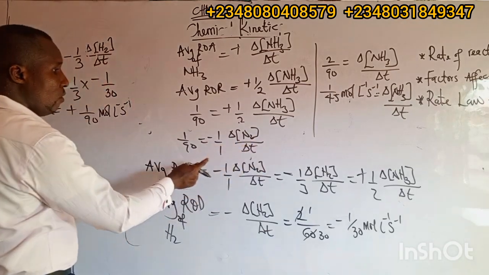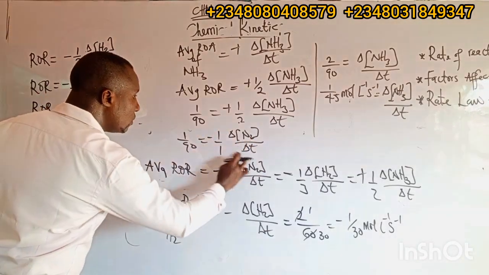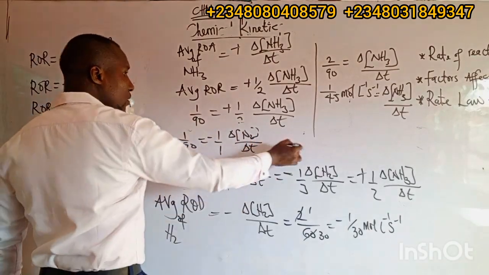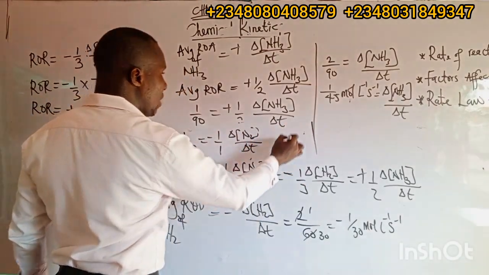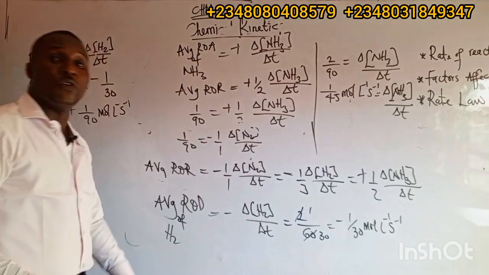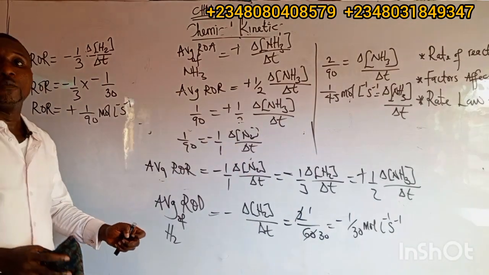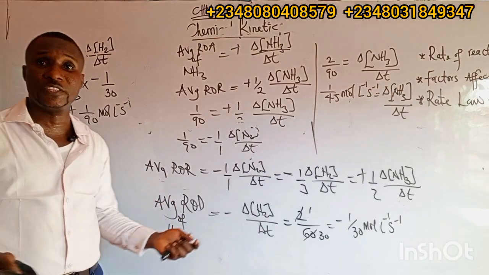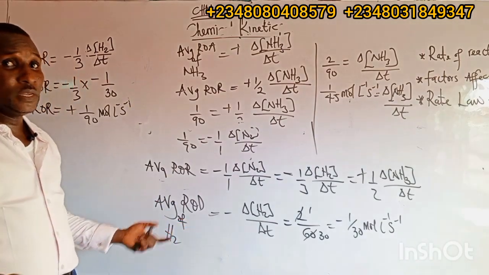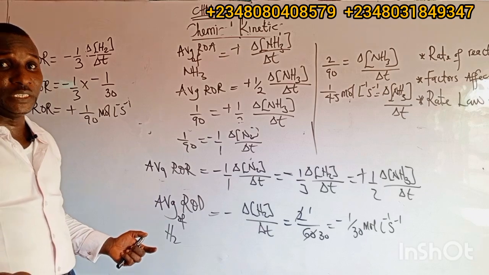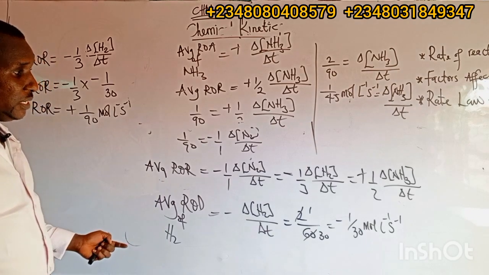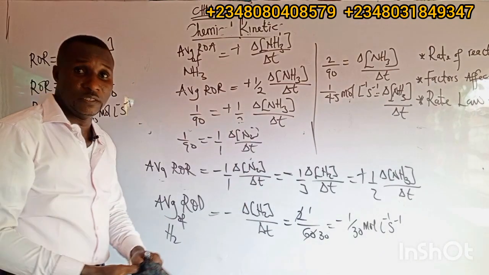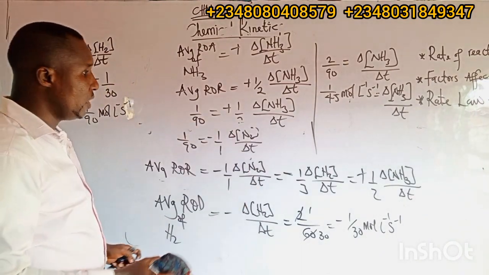They want you to calculate only this one, so the 1 comes here and we have 1/90. The answer will be 1/90 mole per liter per second. I told you the minus sign doesn't mean anything, it's the absolute value. Take note. Let's move further.